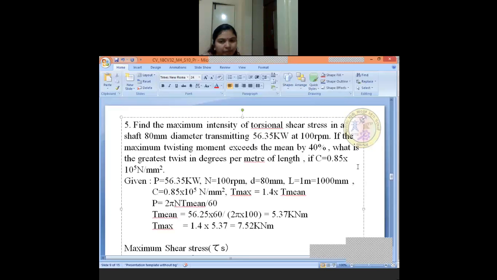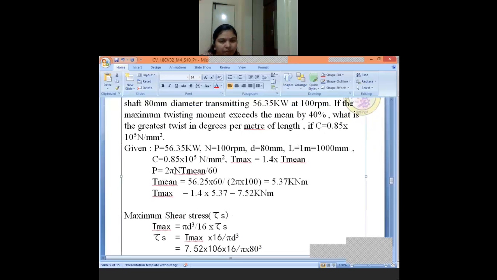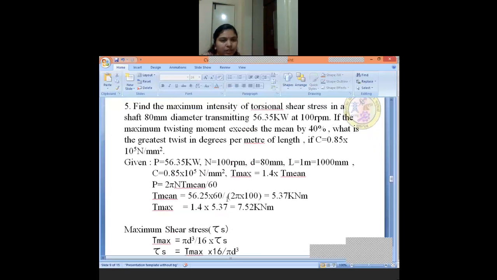If the maximum twisting moment exceeds the mean by 40%, what is the greatest twisting degree per meter of length? C is 0.85 into 10 power 5 Newton per mm square. So here, what is it telling? We have to find the maximum intensity of torsional shear stress. For this they are asking this.